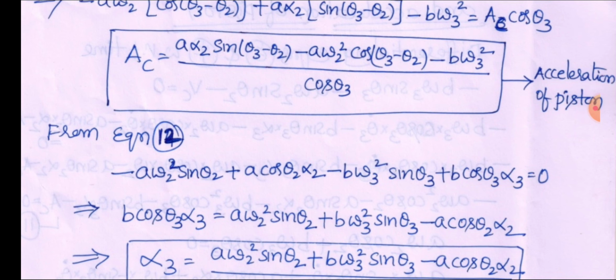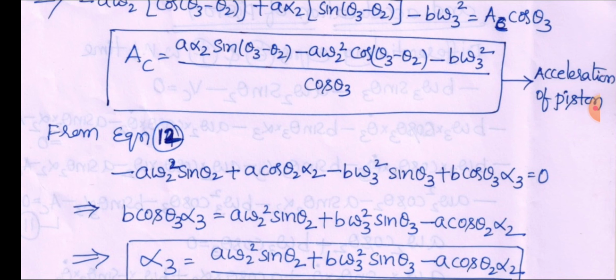To find alpha 3, consider equation 12, and except alpha 3, everything else is known. Therefore, from that alpha 3 can be calculated, which is nothing but the angular acceleration of the connecting rod.